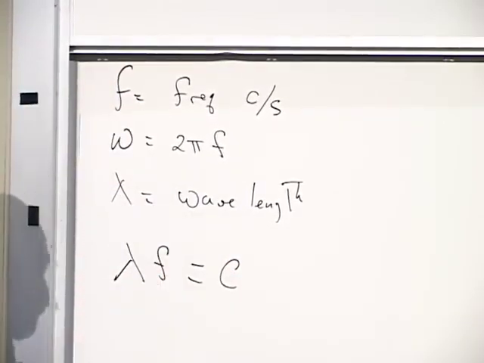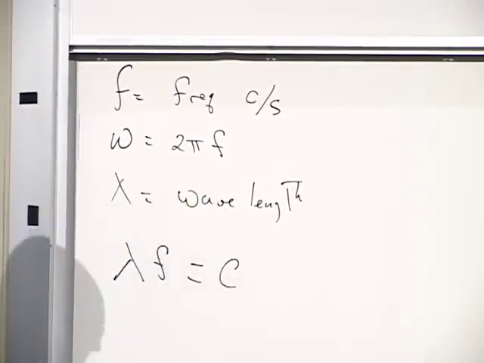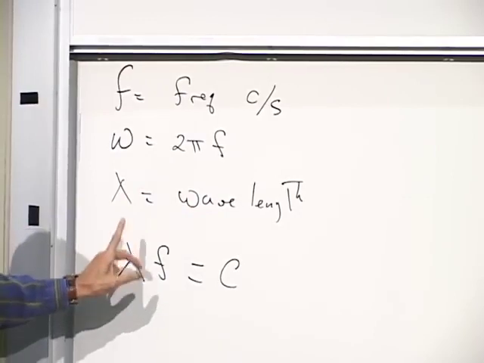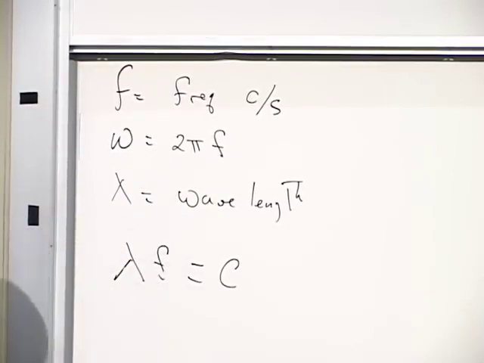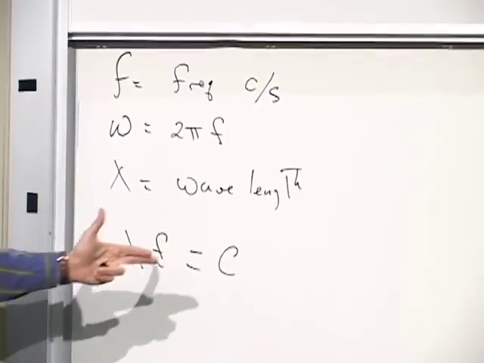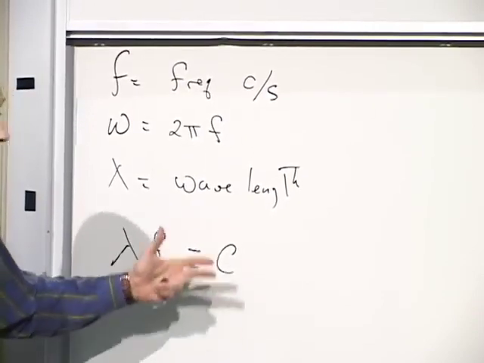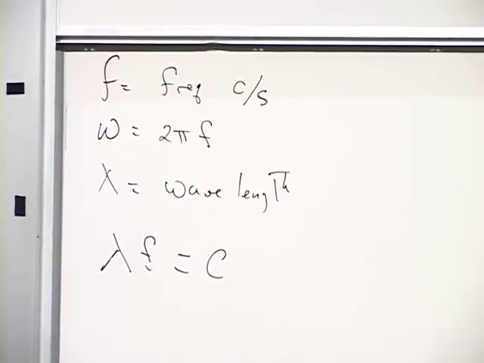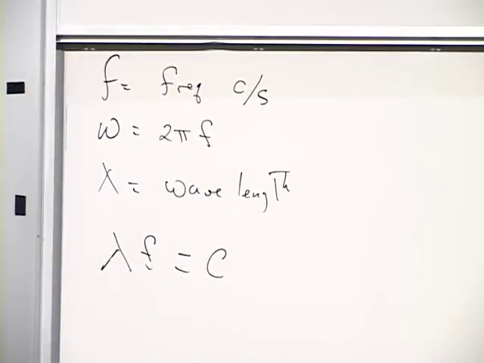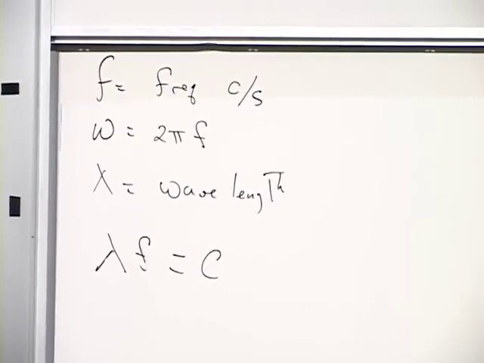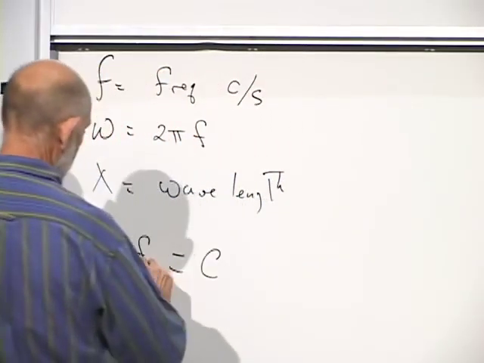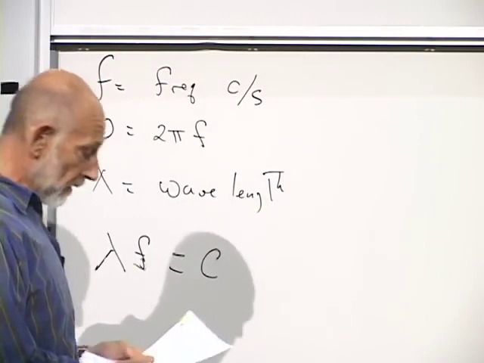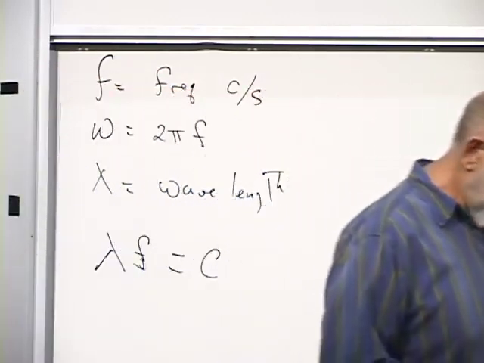The frequency is the inverse of the time it takes to go one full cycle, so this is a distance divided by the time it takes to go one full cycle. For a light ray, this is c. If it's a sound wave, you put the speed of sound there. If it's a water wave, you put the speed of water waves there, or whatever it happens to be. But we'll be particularly interested in light waves.